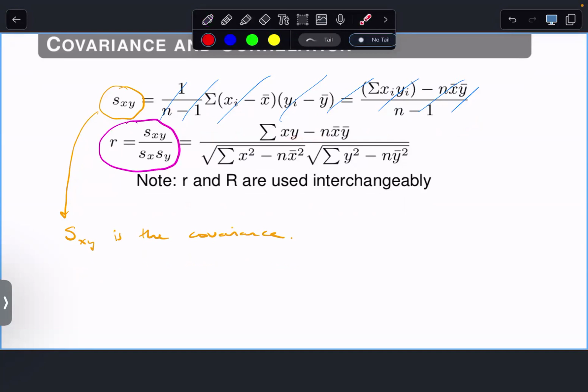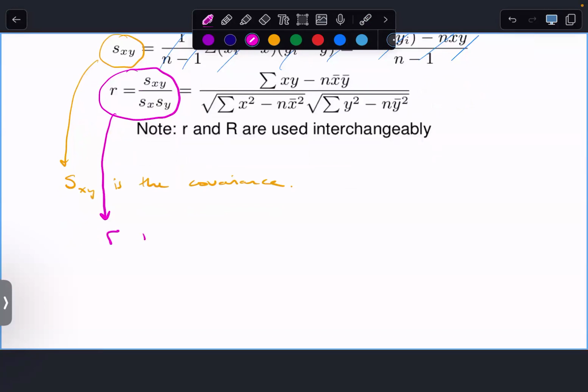We are not going to use this crazy formula to calculate the correlation. In fact, Excel just calculates the correlation easily for us, given some X and a Y variable in your spreadsheet, right? That's all it needs.